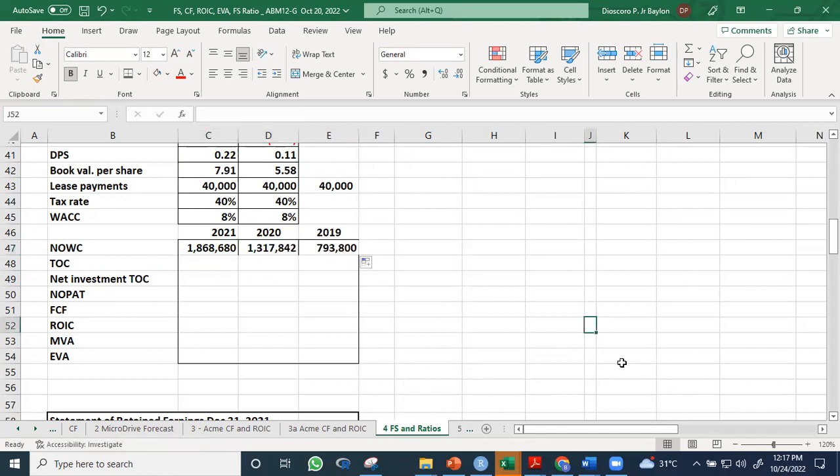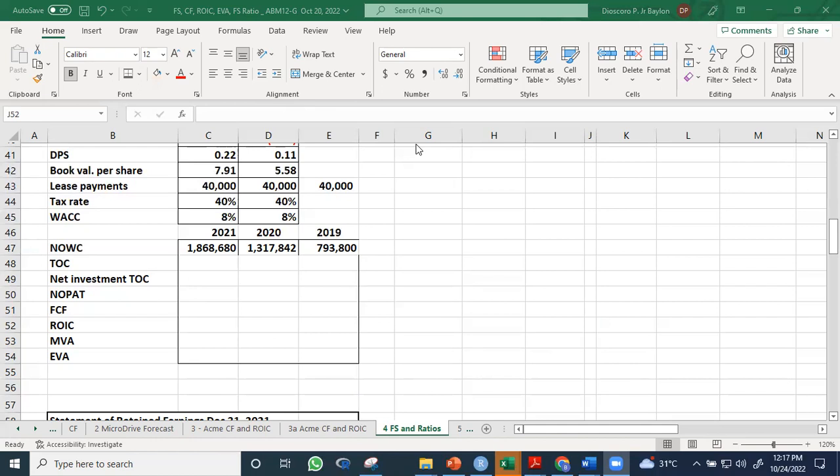Okay, copy to the right. Again, chat please, if you get the values. You can see that it has been increasing over time, no? Yung NOWC natin.